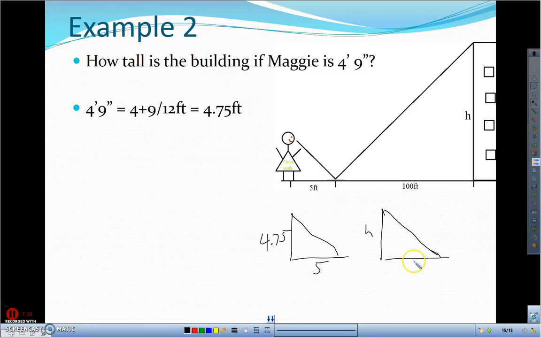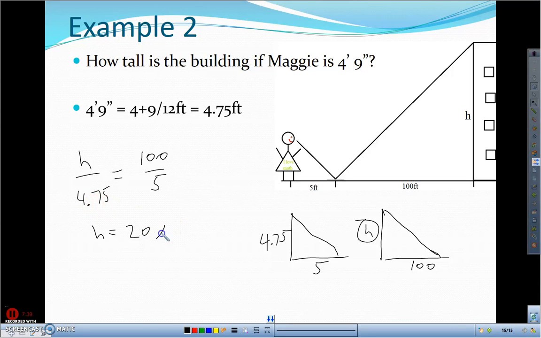This is h, this is 100. When we solve for h, we use corresponding sides. So h over 4.75 is equal to, we went big to small, now we go big to small again, 100 over 5. So h is going to be equal to, well, 100 divided by 5 is 20.